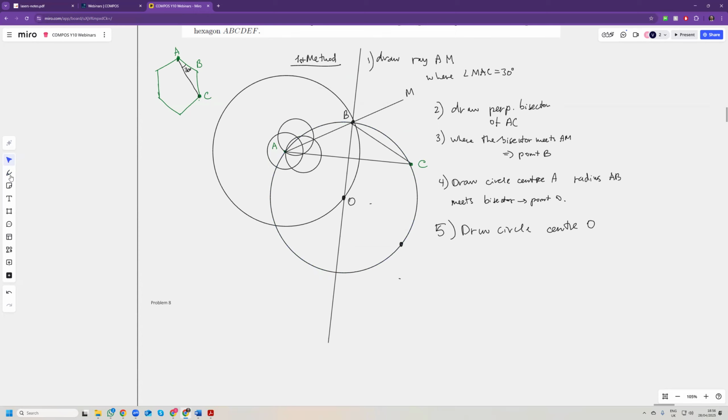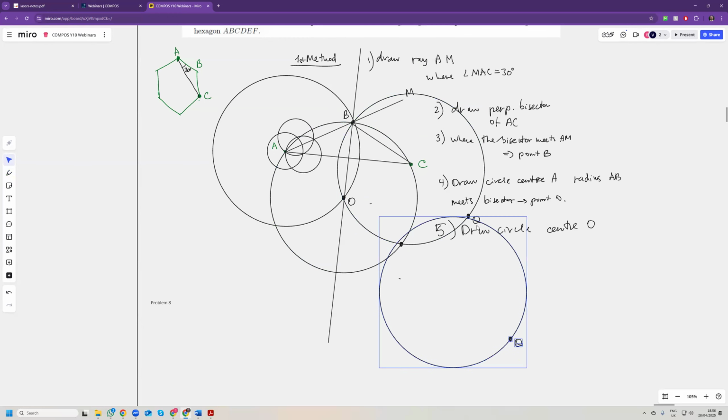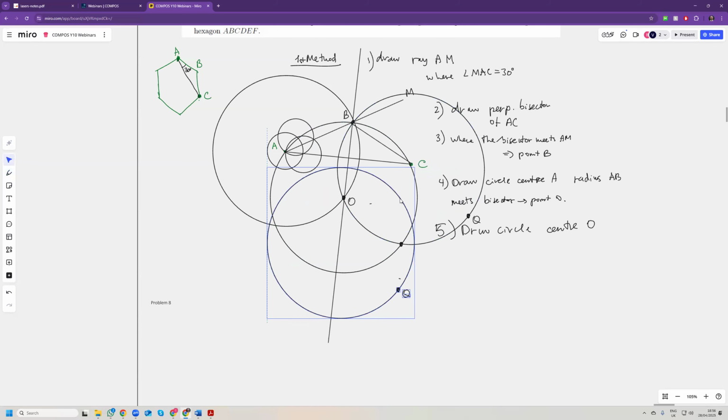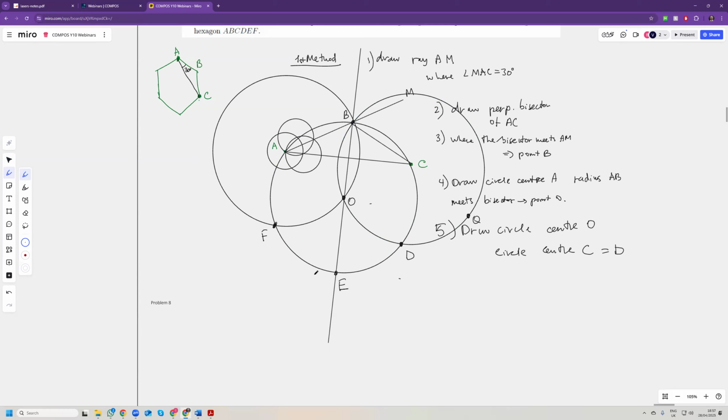Then you draw another circle center C. That gives you point D. And then where it meets this circle, that's E, that's F. And that's your hexagon.